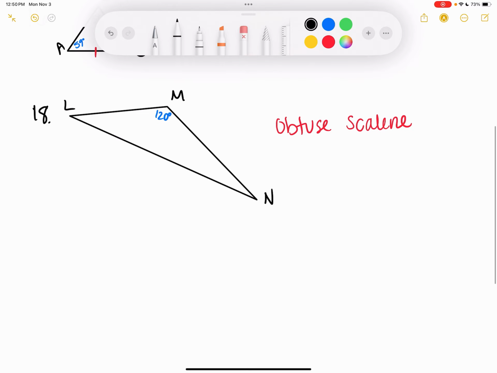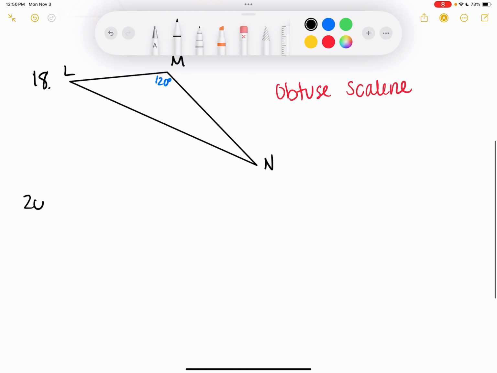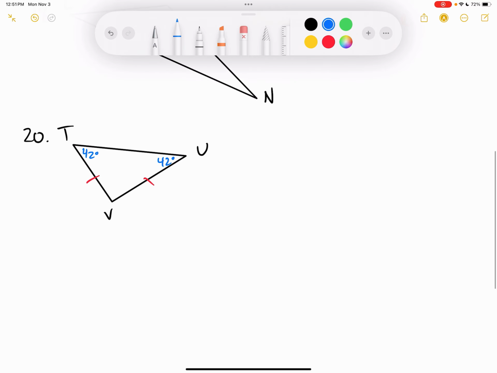20. All right, so we have a triangle here.